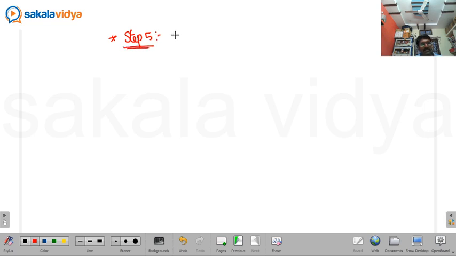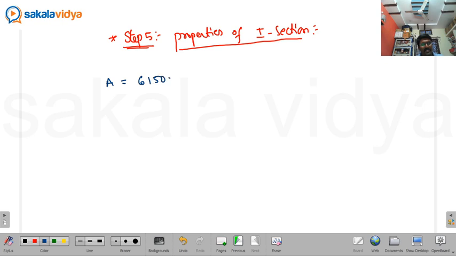Properties or basic parameters of the I section. We have to write all the basic parameters of the section. So area of the section is 6150 mm square. Next, depth of the section is 250 mm.